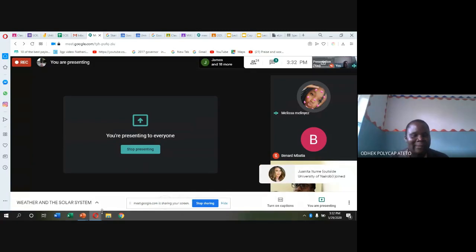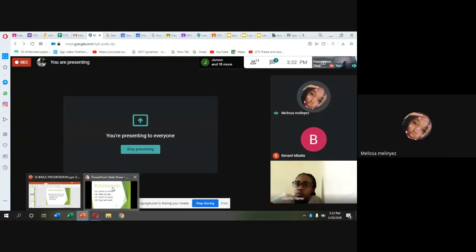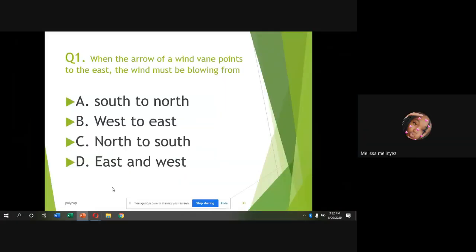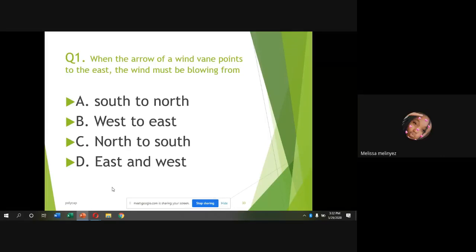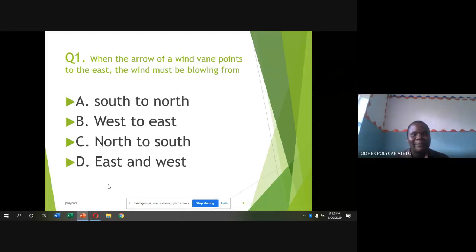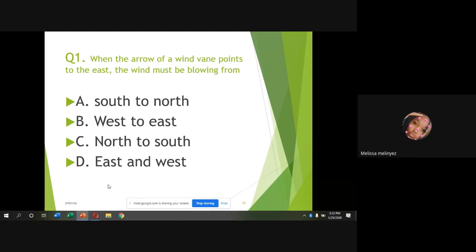So can you pick that question, Melissa? Okay. Question number 1 for weather. When the arrow of a wind vane points to the east, the wind must be blowing from... The arrow points to where the wind is blowing from.